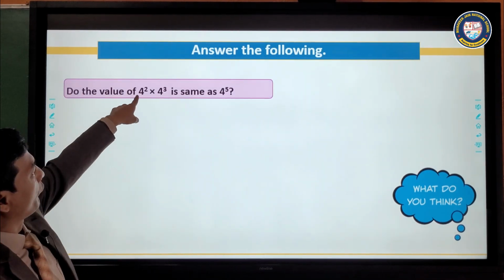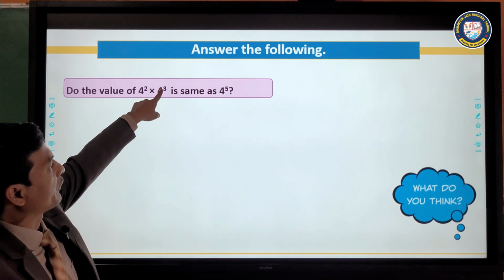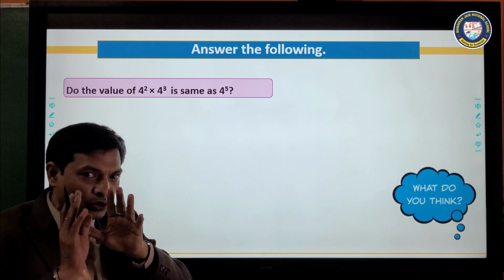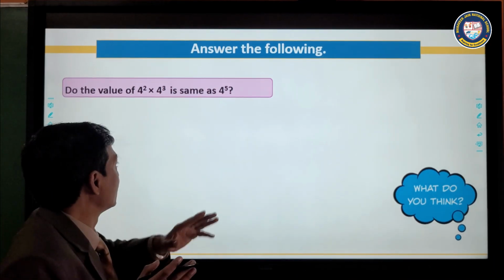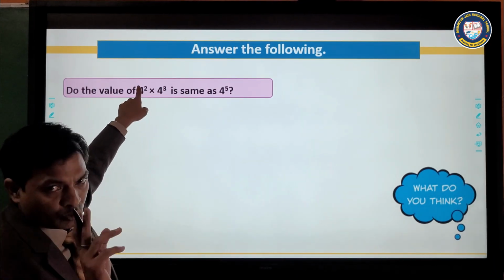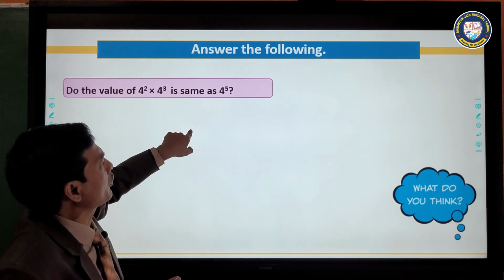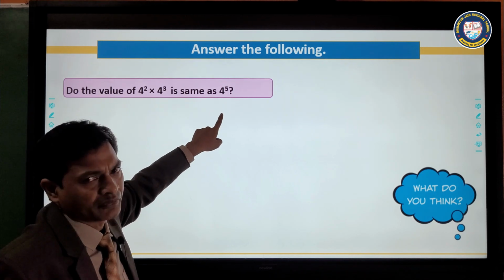Is the value of 4 to the power 2 into 4 to the power 3 the same as 4 to the power 5?